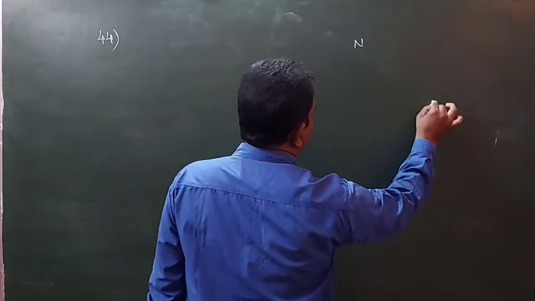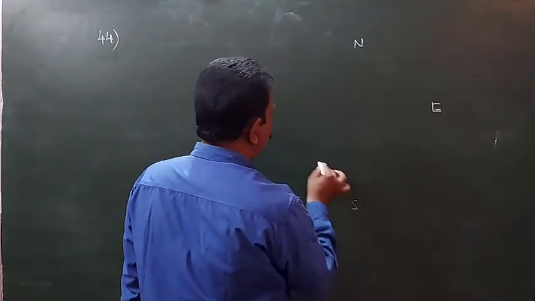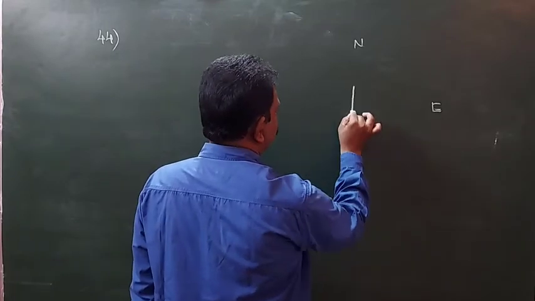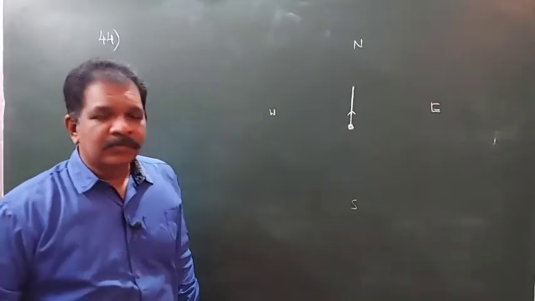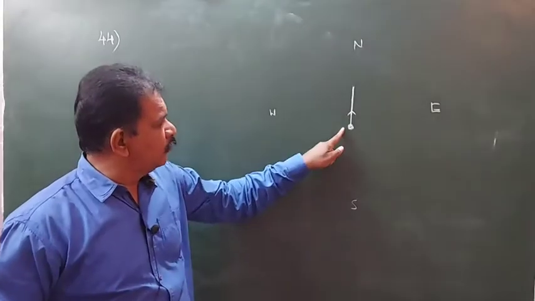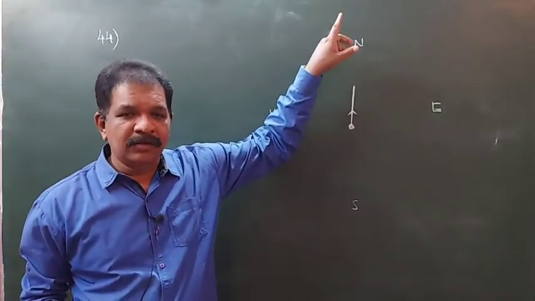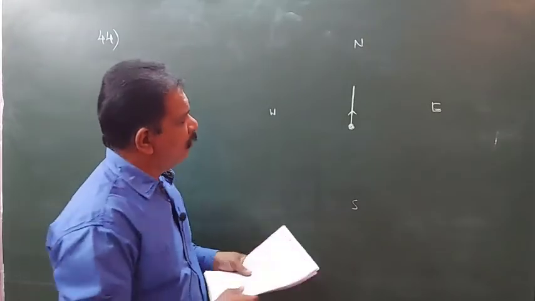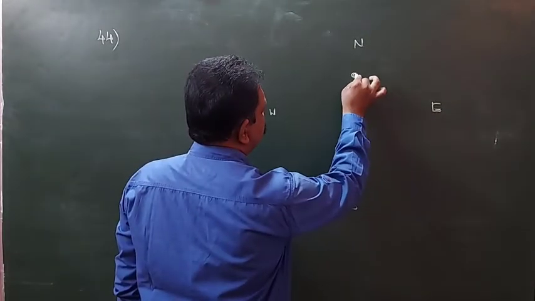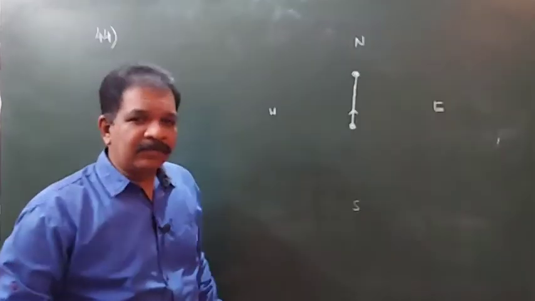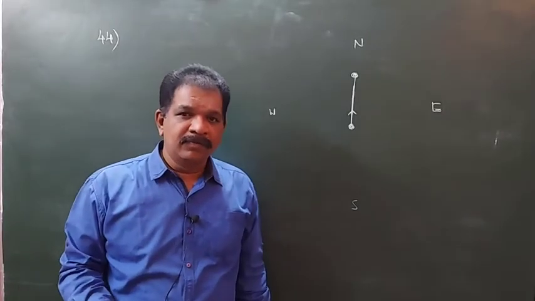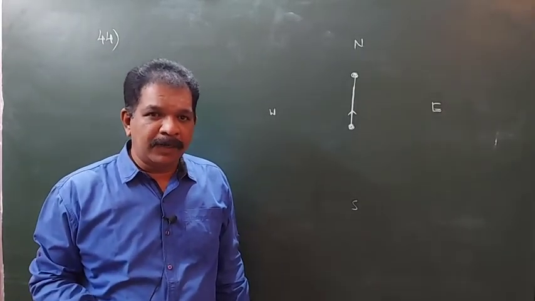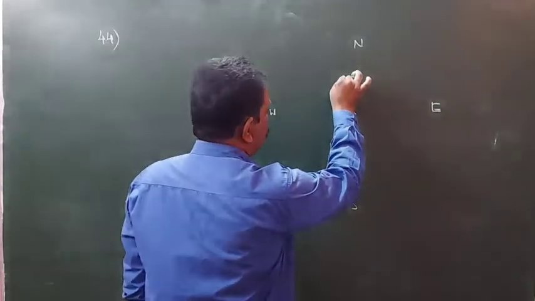Here north, east, south, west. One boat is moving like this. The boat is moving towards north with acceleration. After going some distance, the boat's driver changed the direction of the propeller, so it is moving like this.